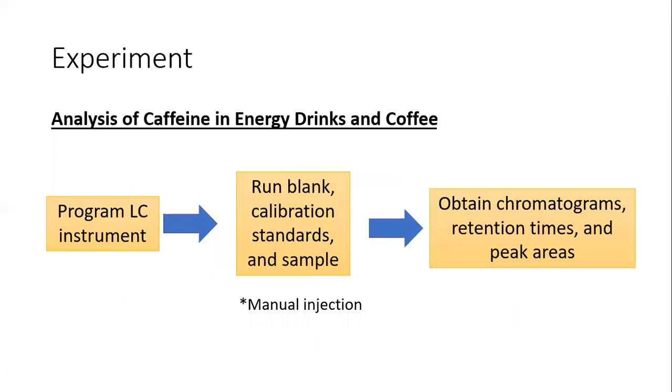So after you program the LC instrument, you can now run your blank, calibration standards as well as the sample, using manual injection. And then from those runs, you will obtain your chromatograms. And from those chromatograms, you could already obtain your retention times as well as the peak areas.